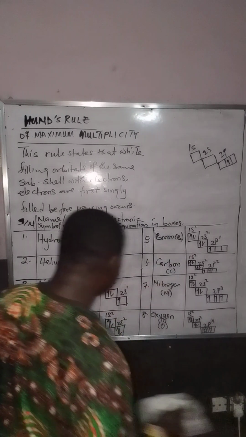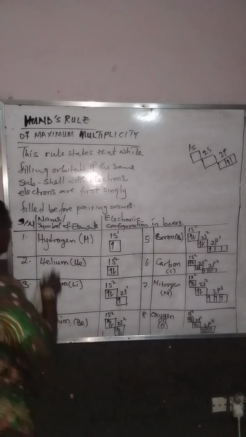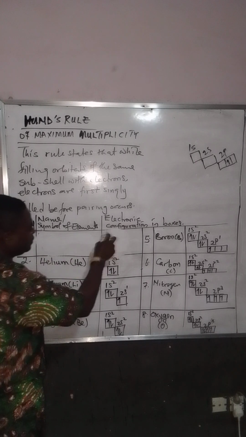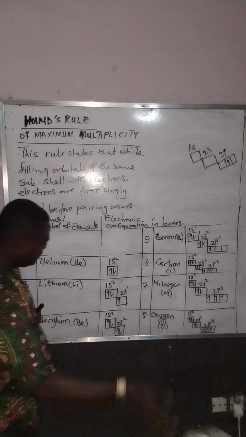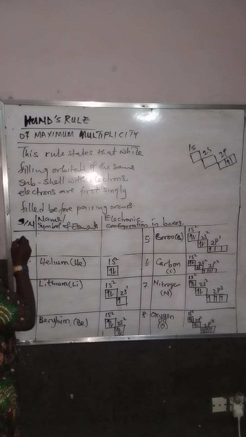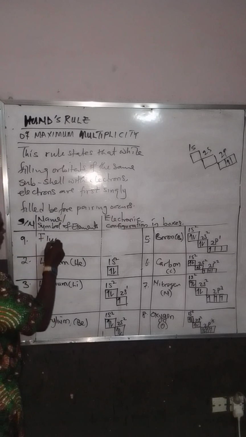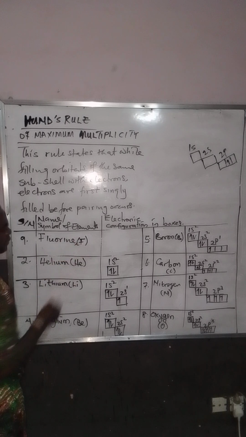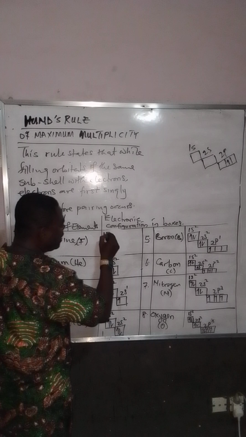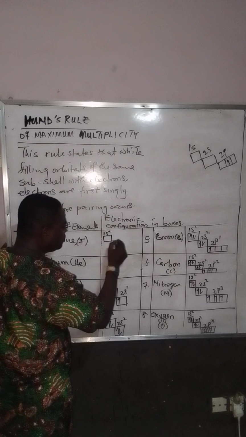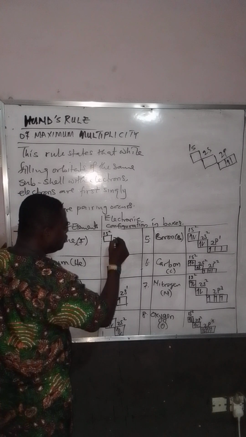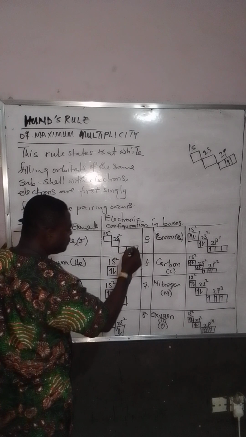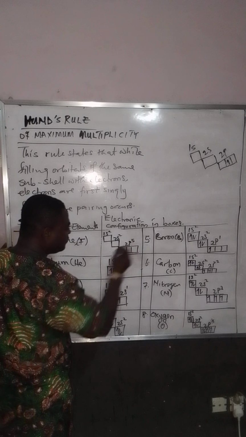So we move on to the next one, which is fluorine, F. So this one is 1s2, 2s2, 2p5.